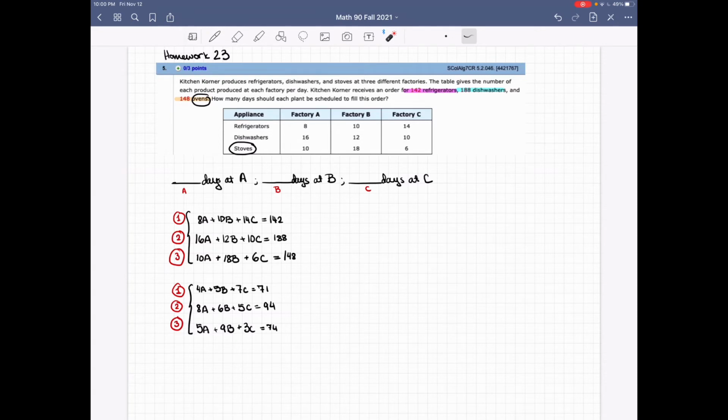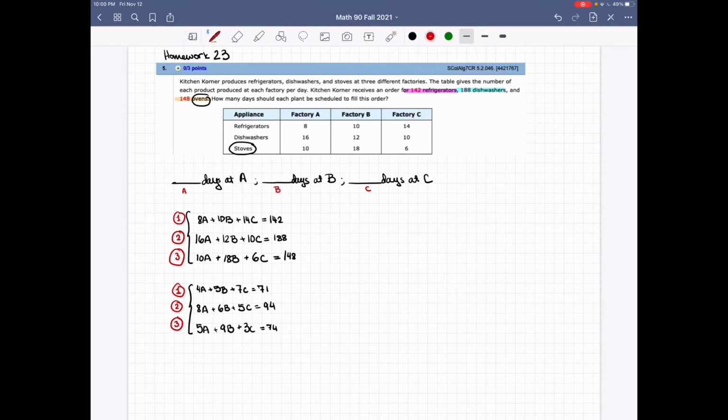So our first order of business is to eliminate A from equations 2 and 3, since I don't want A in the second equation, and I don't want A or B in the third one.